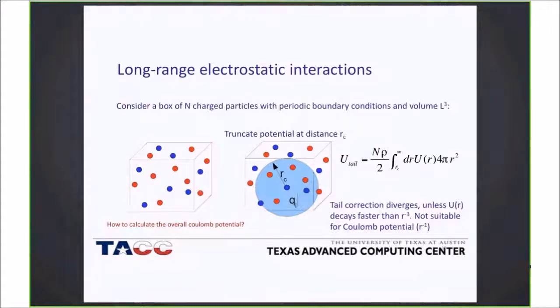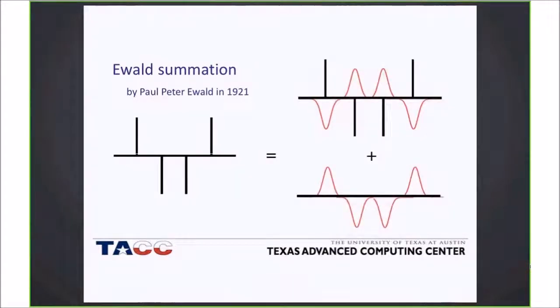Currently, prevalent algorithms like PME were developed based on the Ewald summation method proposed by Ewald 95 years ago. Here is a cartoon to demonstrate the basic idea. Each point charge can be represented as the original point charge plus 2 Gaussian charges with opposite sign.